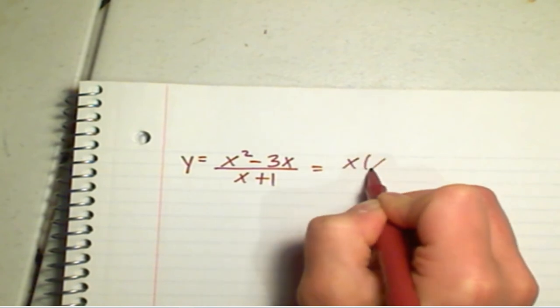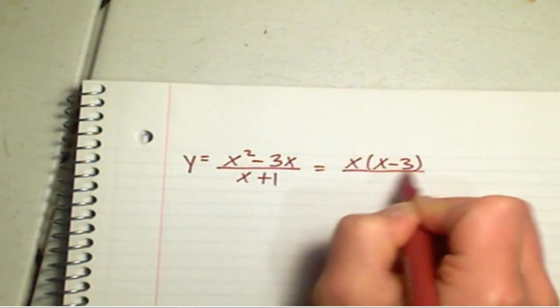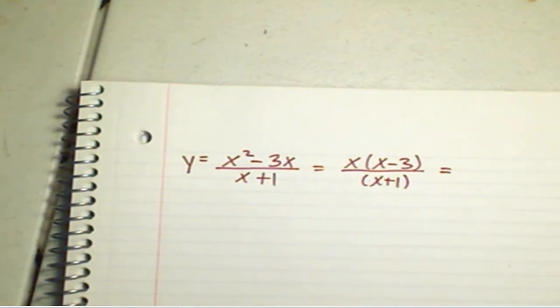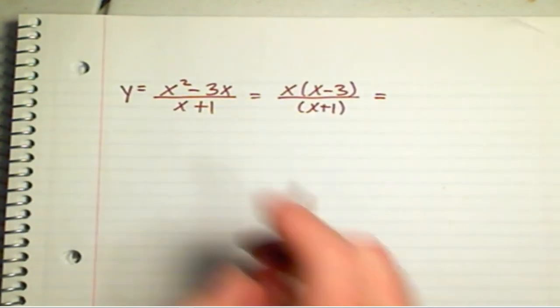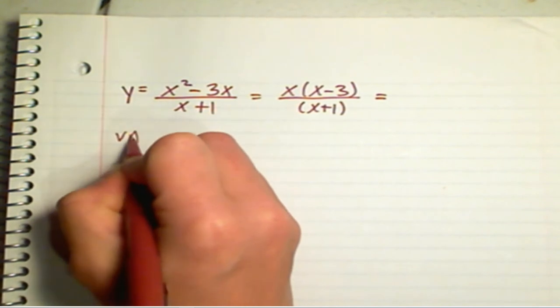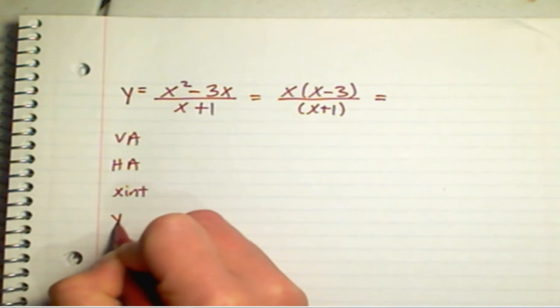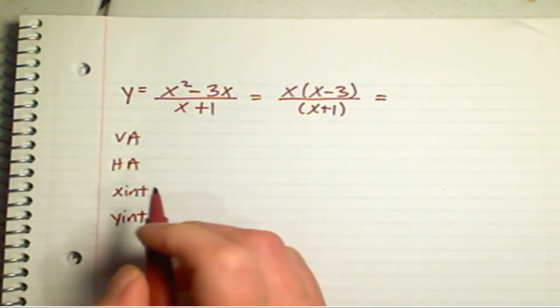Okay, so I'm going to do the factoring. Make sure it's reduced. Okay, and then I'm going to write the division portion as well. So vertical, horizontal, x-intercept, y-intercept.